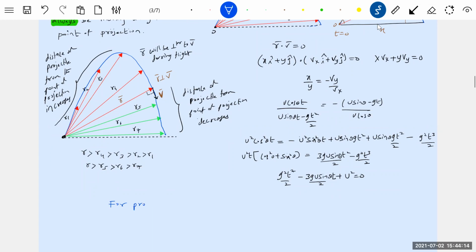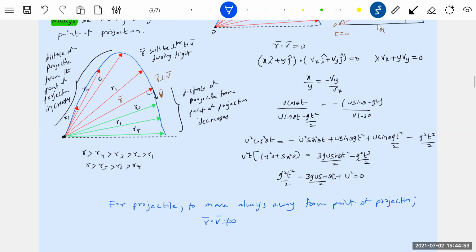For the projectile to move always away from the point of projection, r bar dot v bar must not be equal to 0. Okay, this is a necessary condition.